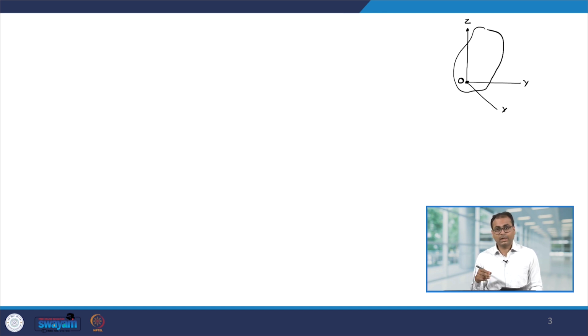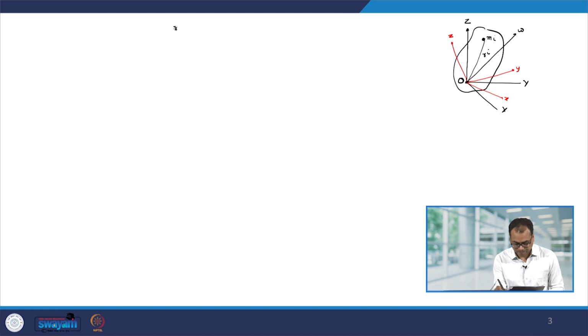So, when the body rotates, the small x, y, z axes will also rotate. So, let us say this is the small x axis, small y axis and small z axis. Let us say the mass of the ith particle is mi and its distance from O is ri.